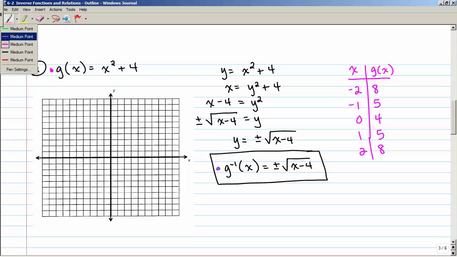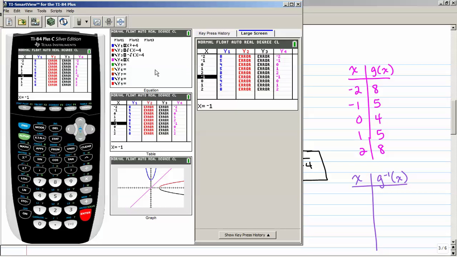Okay, and now I want to make a table for the inverse of g of x, and I was having a little bit of problem with the table back there on the calculator. So let's take a look at that. Notice all of these, remember I had to do it in 2 parts. I used both y sub 2 and y sub 3, and I have a whole bunch of errors.